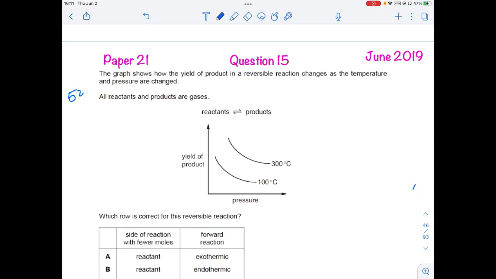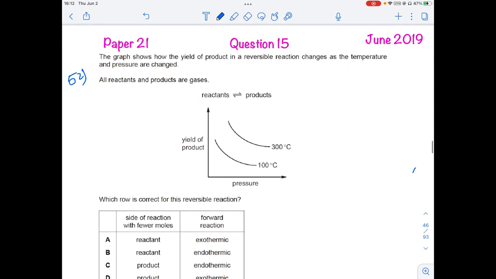Coming to the next question, question number 52 from June 2019, paper 21, question number 15. The graph shows how the yield of the product in a reversible reaction changes as the temperature and pressure are changed. We can see that as the pressure is increasing, the yield of the product is decreasing, which means the backward reaction is being favored.